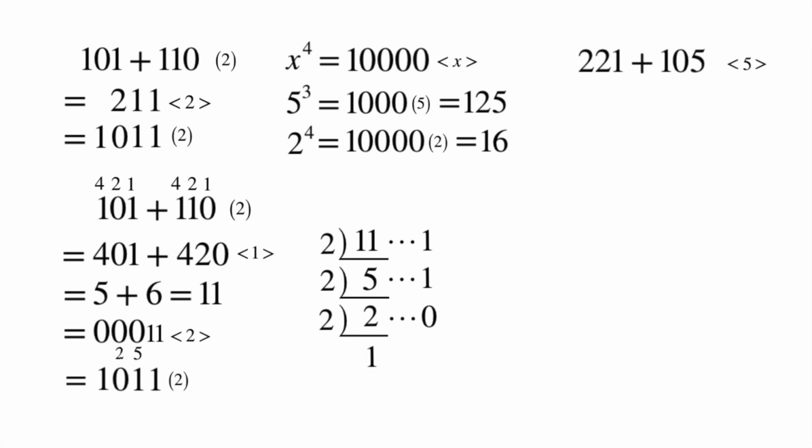Next example. Digit by digit addition. Quinary refuses 6. So 1 up, down 5.